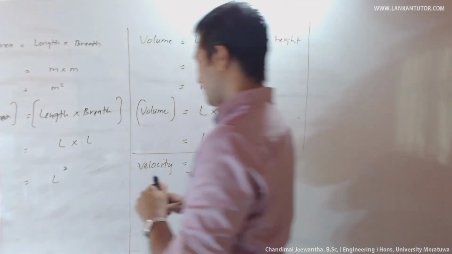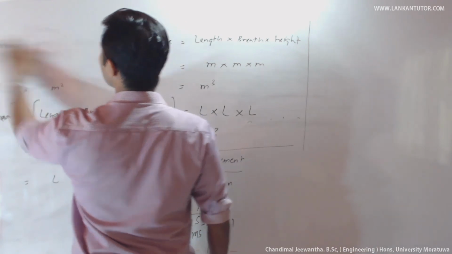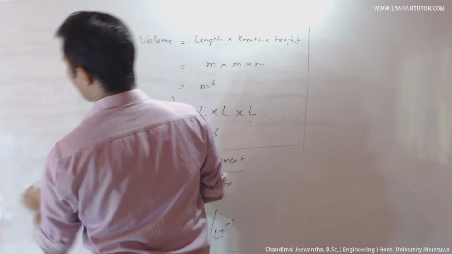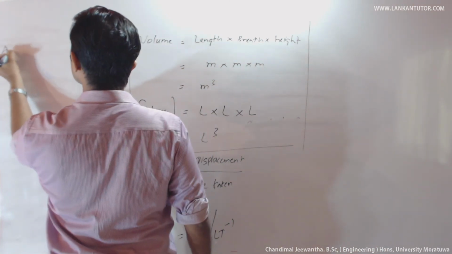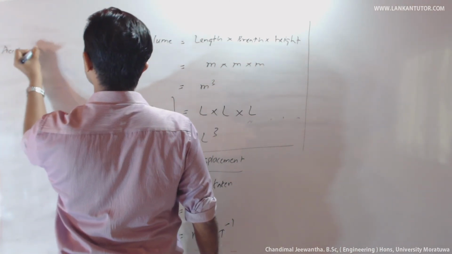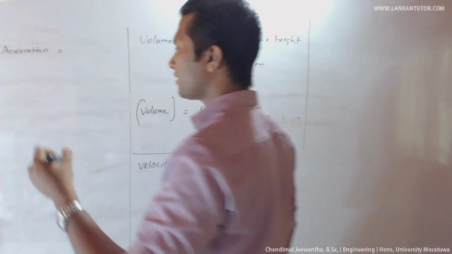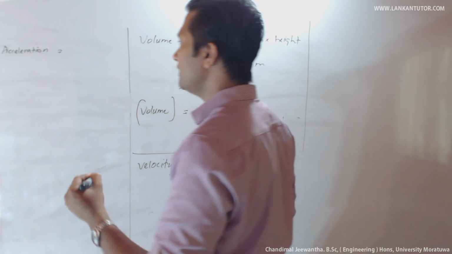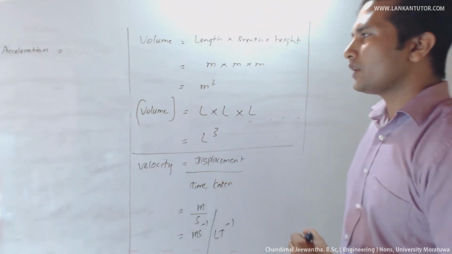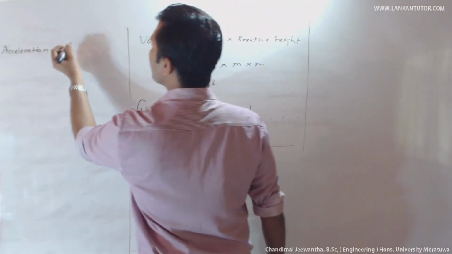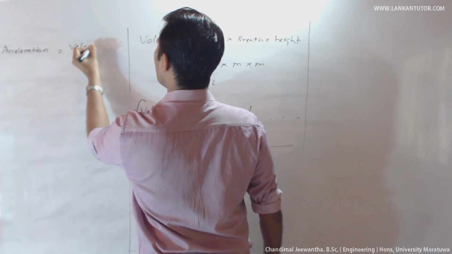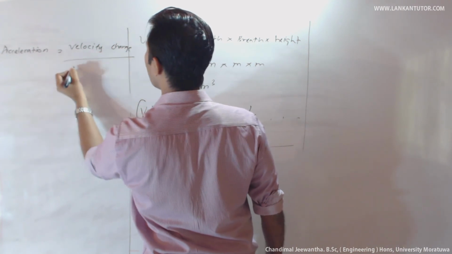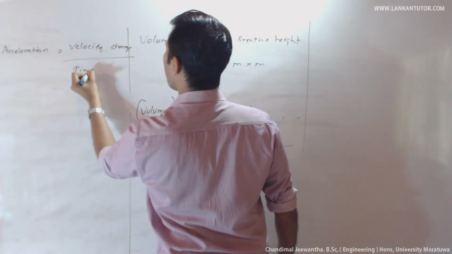Right. The next physical quantity should be acceleration. What is acceleration? Acceleration is rate of change of velocity. So in order to find acceleration, you have to take the ratio between velocity change, or velocity difference, divided by the time taken.